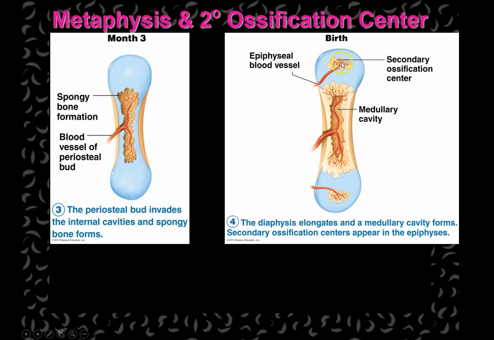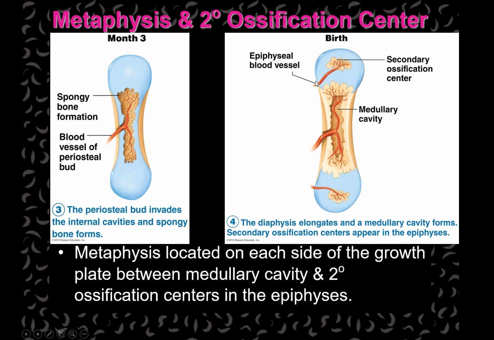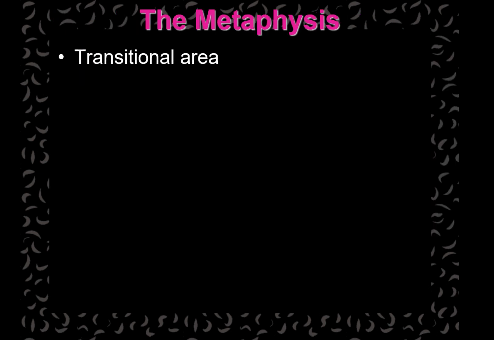This transition between bone, cartilage, and bone is our what? Exactly, epiphyseal plate. Okay? So what you really have is this transition from bone to cartilage. That's a metaphysis. Each epiphyseal plate has two metaphyses. Okay? All right, so what is the metaphysis?